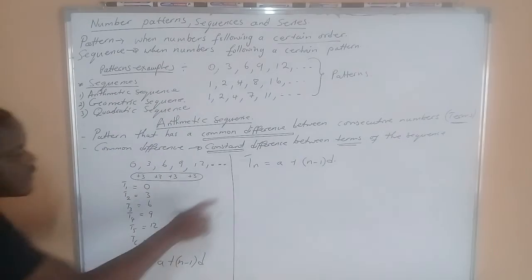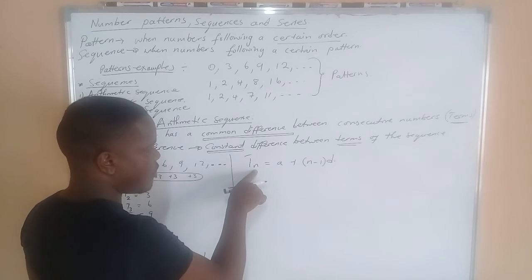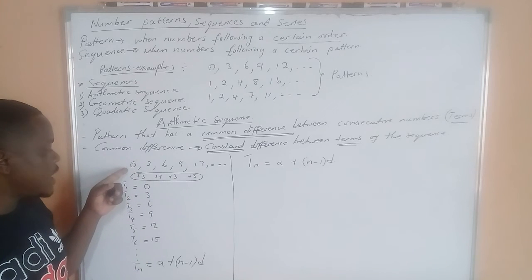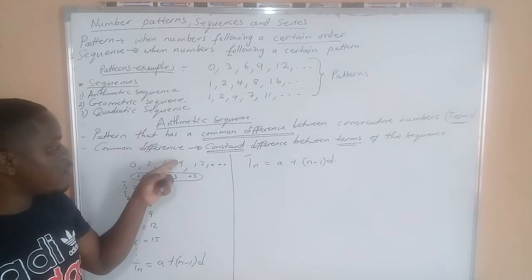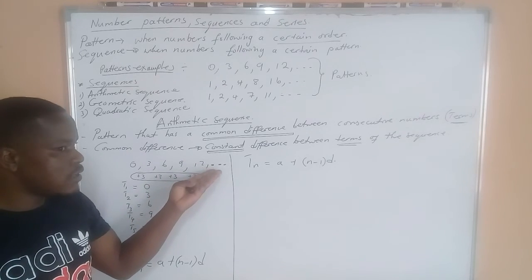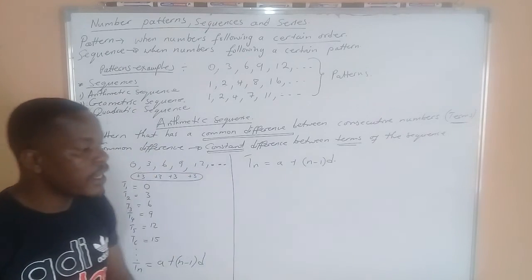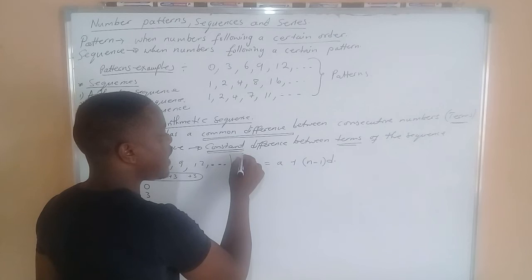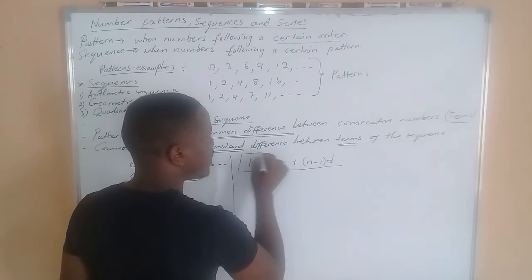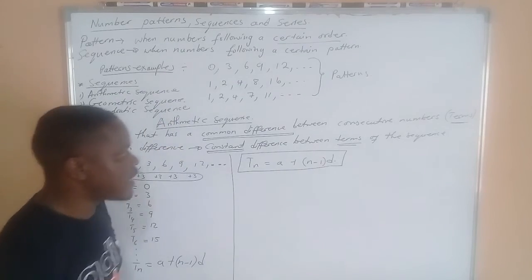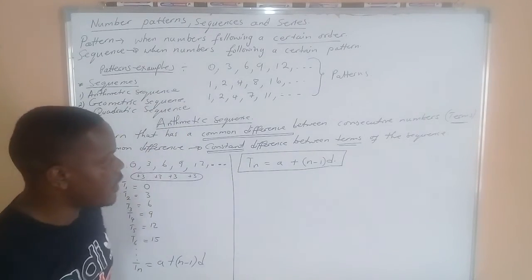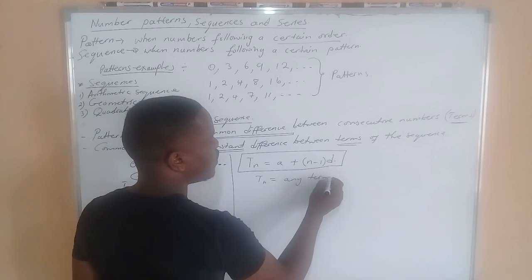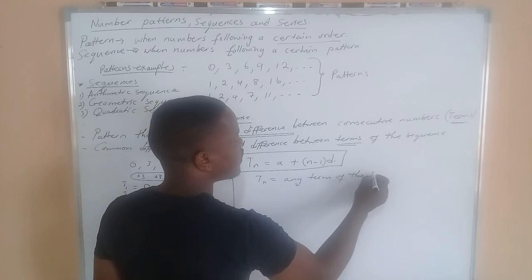So let's explain what we mean by Tn equals a plus n minus 1 d. Tn represents the nth term of the arithmetic sequence. Remember, term 1, term 2, term 3, term 4, and term 5 are given, but you are not given term 6, term 7, term 8, term 9, and so on. So you can use this formula to identify any term of a pattern that follows an arithmetic sequence. Tn is any term of the sequence.